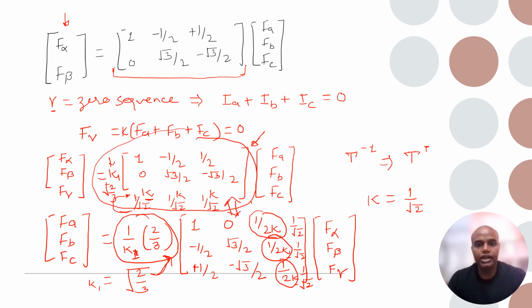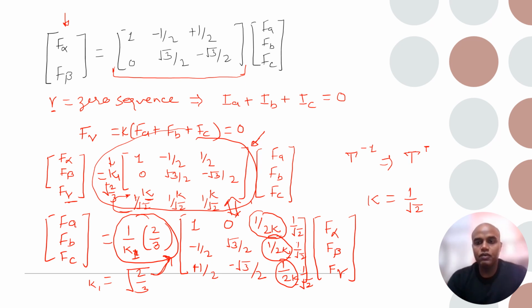So it becomes very easy while doing the inverse Clarke's transformation. I hope we have understood how the Clarke's transformation is done, its derivation, and why the zero sequence component is taken into consideration.